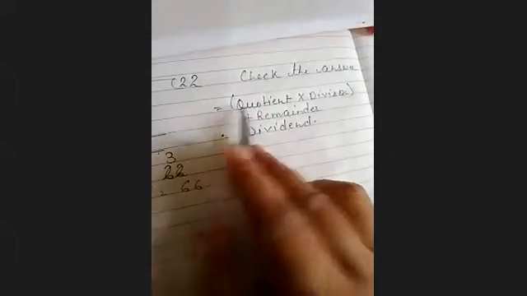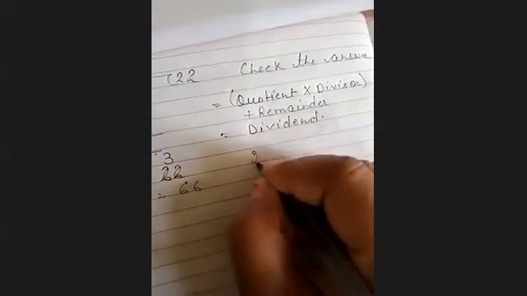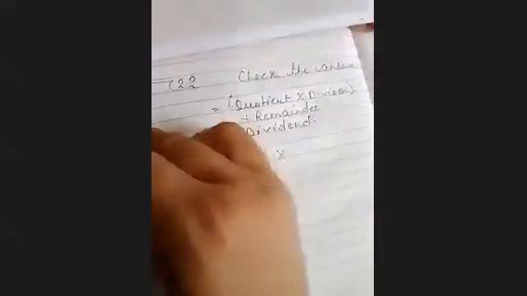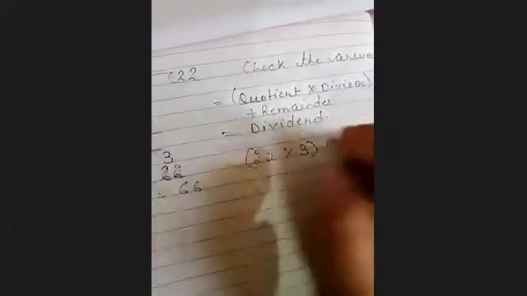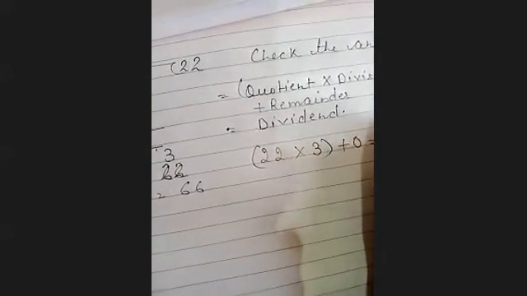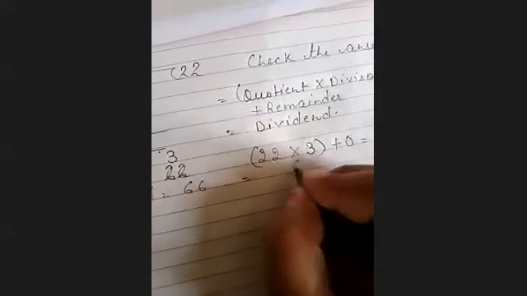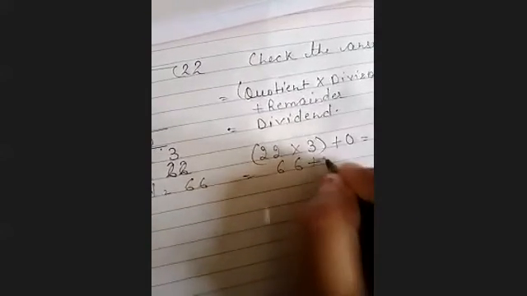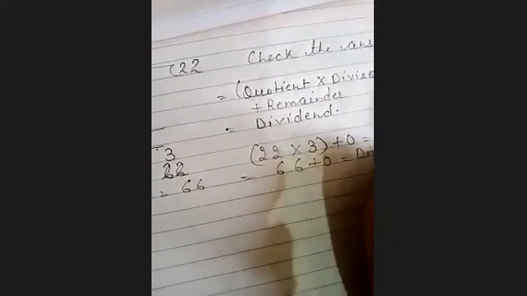Now what is the quotient? Quotient is 22 multiply by 3, and then what is the remainder? That is 0, is equals to dividend. 3 twos are 6, 3 twos are 6, plus 0 is equals to 66.